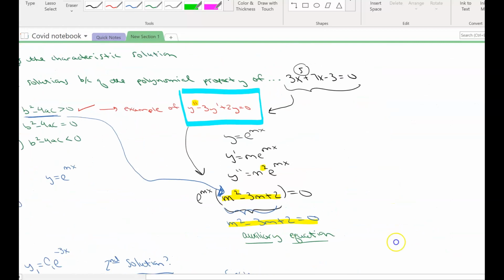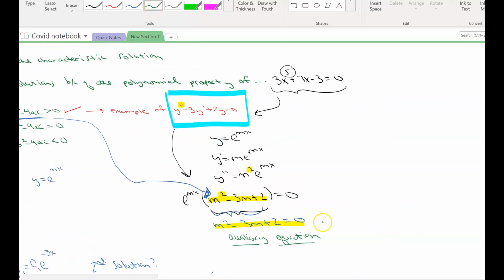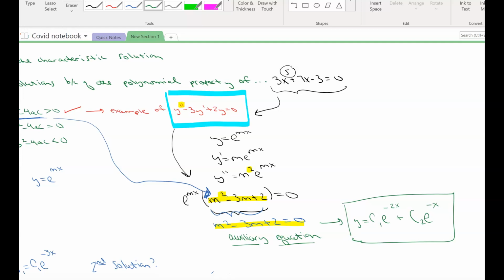And I partially worked this out, but you can go through and look at your notes and confirm that when we solved this, I believe we got y equals c1e to the negative 2x plus c2e to the negative x as our general solution, right? Okay, because we found the 2 values for m, we used the principle of superposition, and this is our final solution. Let me just double check that. I just did this quickly, right, by inspection. Minus 2, yep, good, okay?